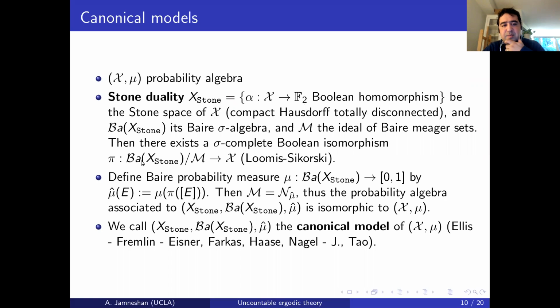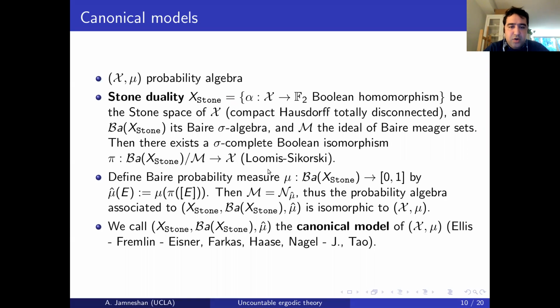And on this Stone space, we can consider the Baire sigma algebra. The Baire sigma algebra is a sigma algebra which is induced by all continuous functions on the topological space. And there is also the ideal of Baire meager sets.